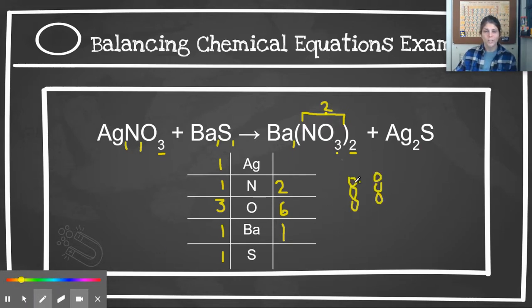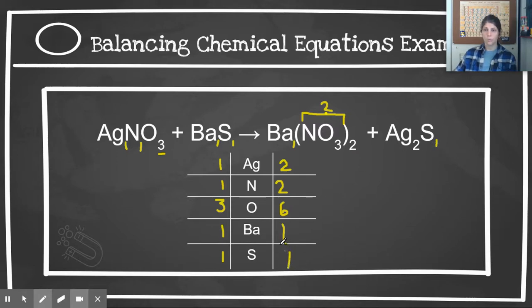I just drew a quick little sketch. 2 groups of 3 is 6. So the 2 outside like that, you multiply them together. In my other term, I've got Ag2, meaning I have 2 of the Ag, and S1.